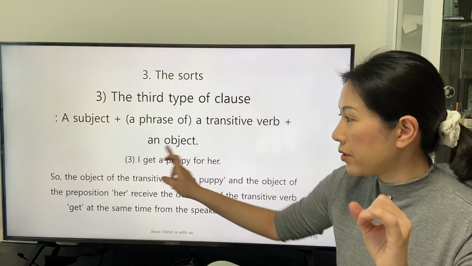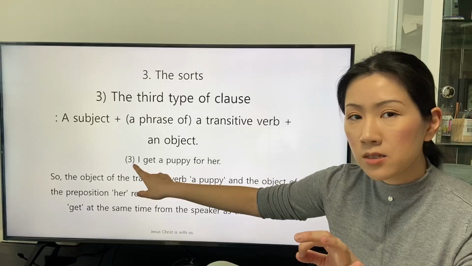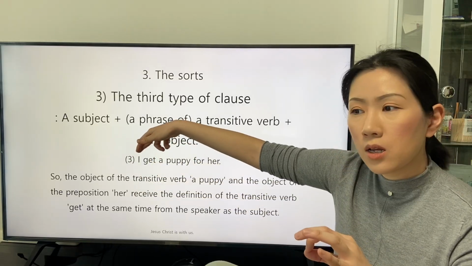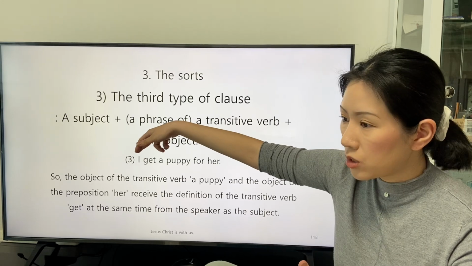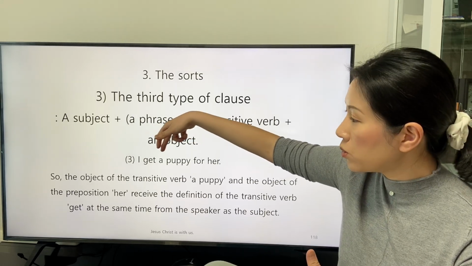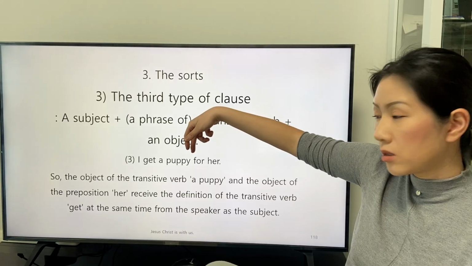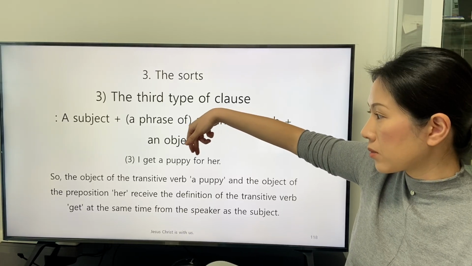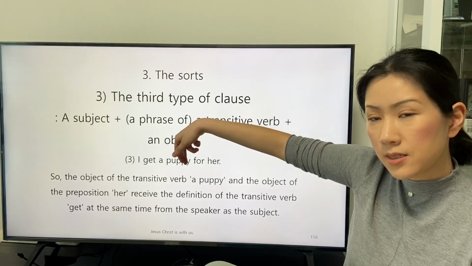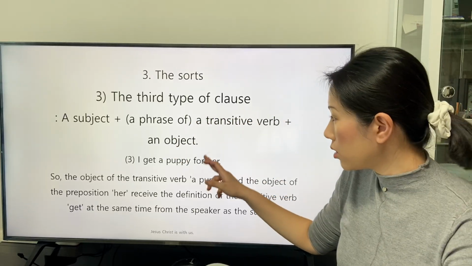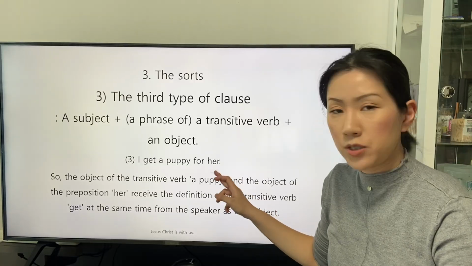So when the speaker actualizes the definition of the transitive verb get, the speaker is meant to purpose delivering the direct object for her, the object of the preposition for.